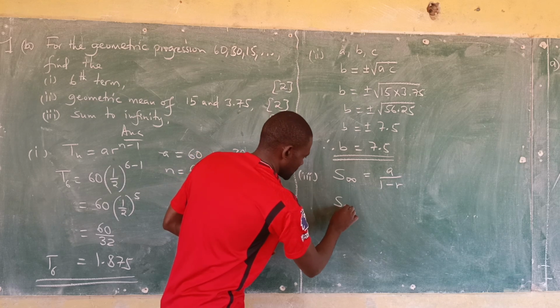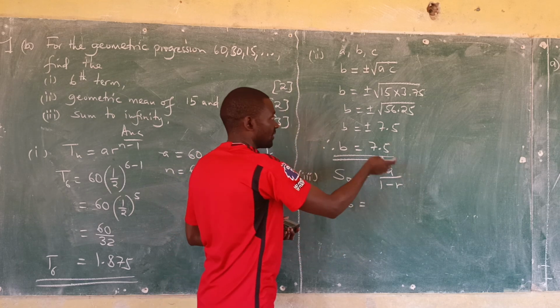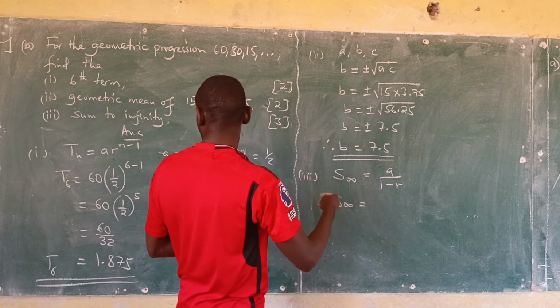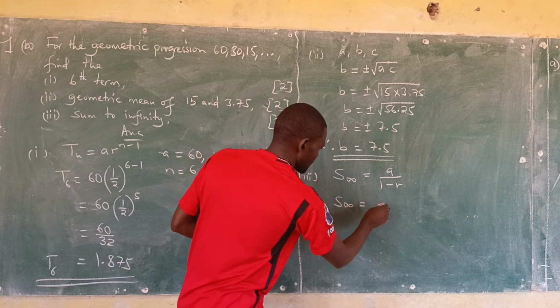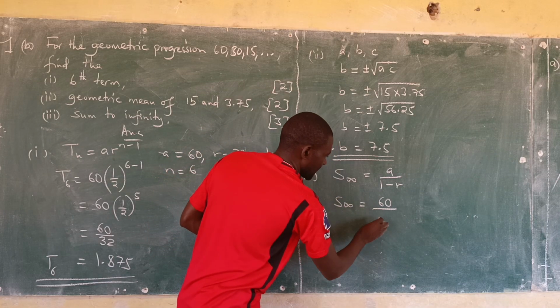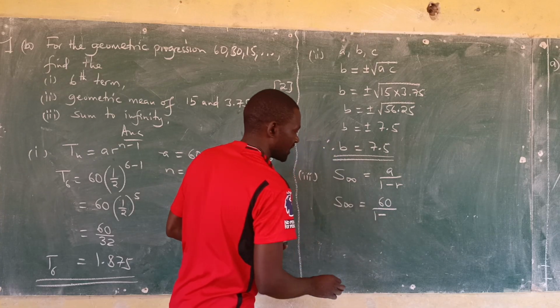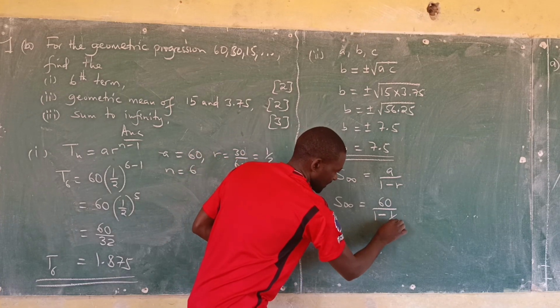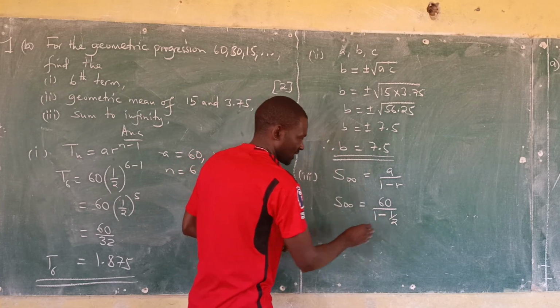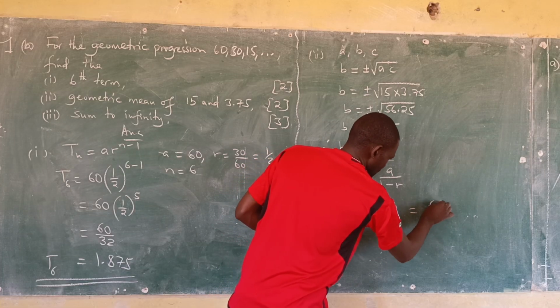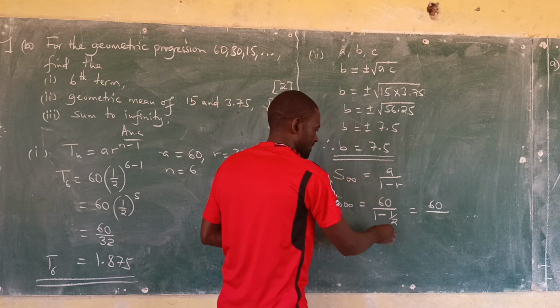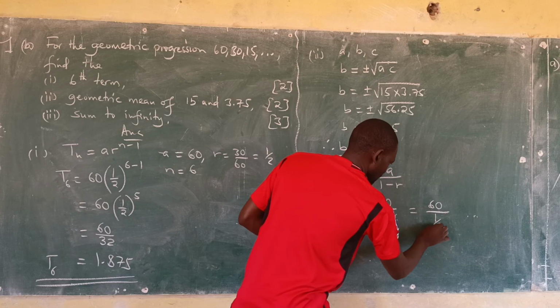So in this case, we'll say the sum to infinity is equal to our A. We found it is the same A. So that is 60 divided by 1 minus half. Our R is half. So this one gives us 60 over, 1 minus half is simply half.